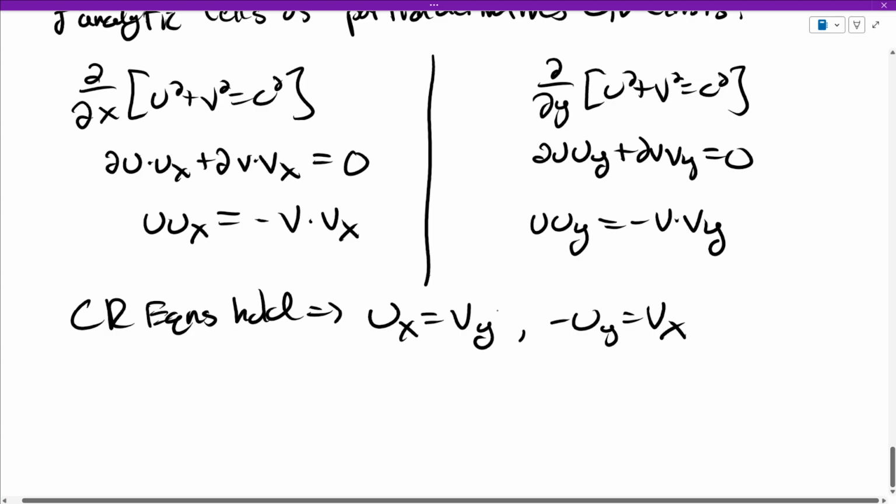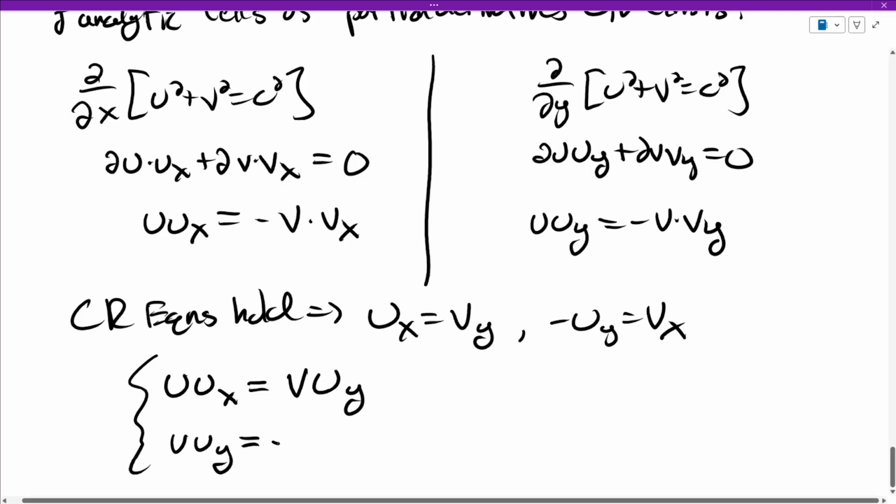So we're going to substitute out the v's. If we take the first equation and substitute out the vx, which is the only one we can substitute out with the Cauchy-Riemann equations, we get v uy because the negatives cancel. And then the second equation, if we substitute out the vy for a ux, we're going to get negative v ux.